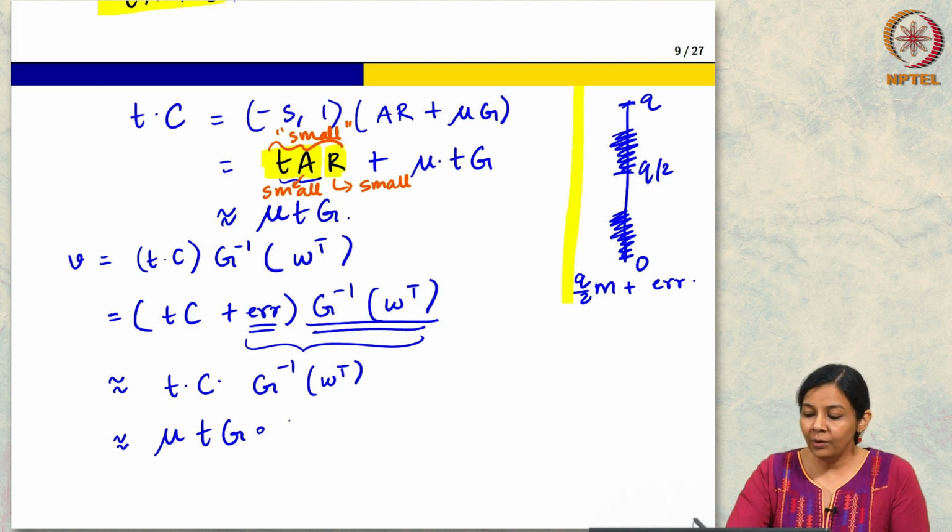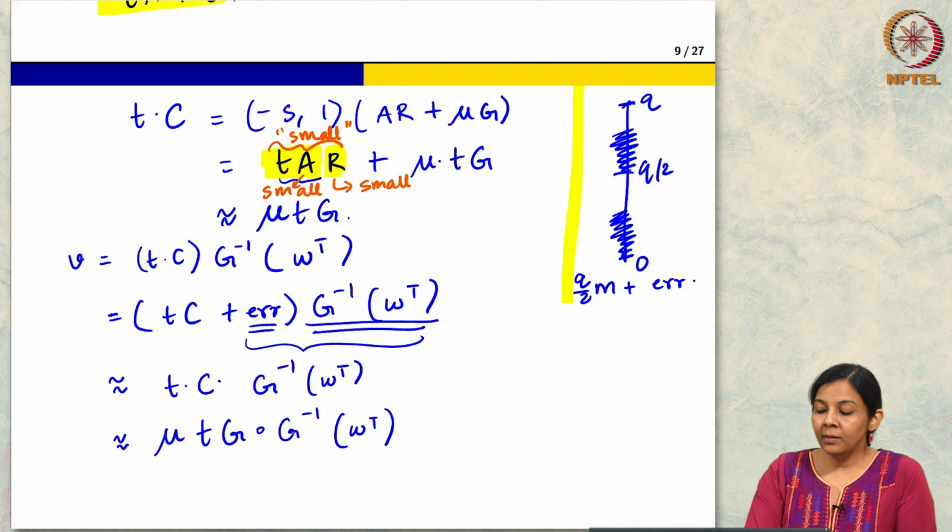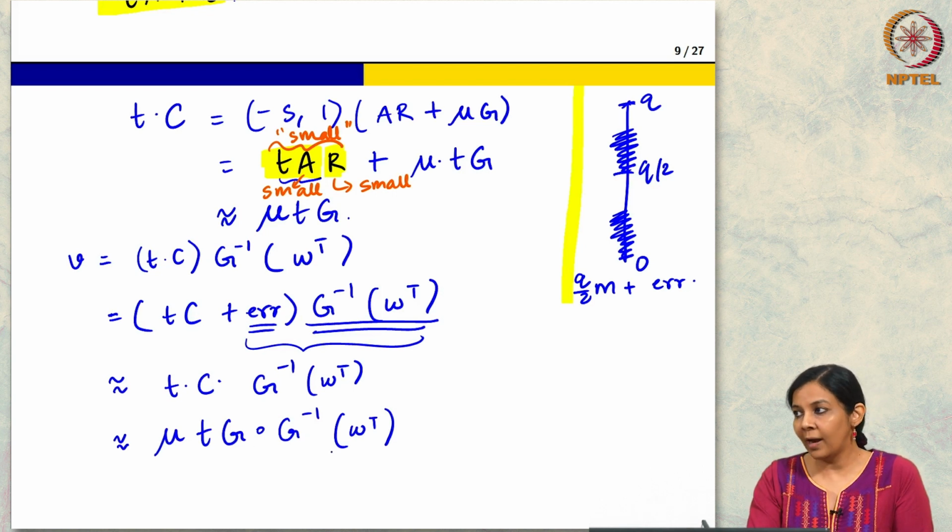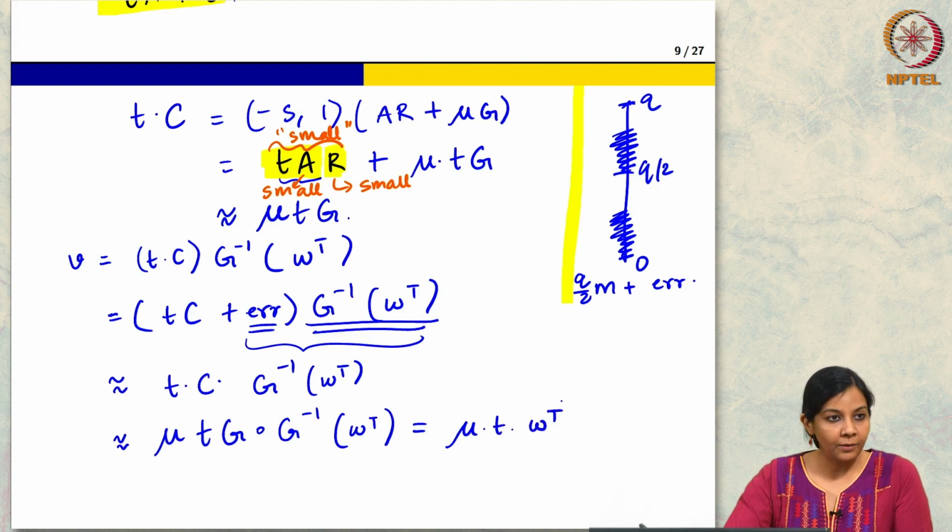So, I have mu t g times G inverse W. Now, what did we learn about G and G inverse? They essentially cancel each other. This is also why we are calling this function G inverse. So, this can be written as mu t W transpose.